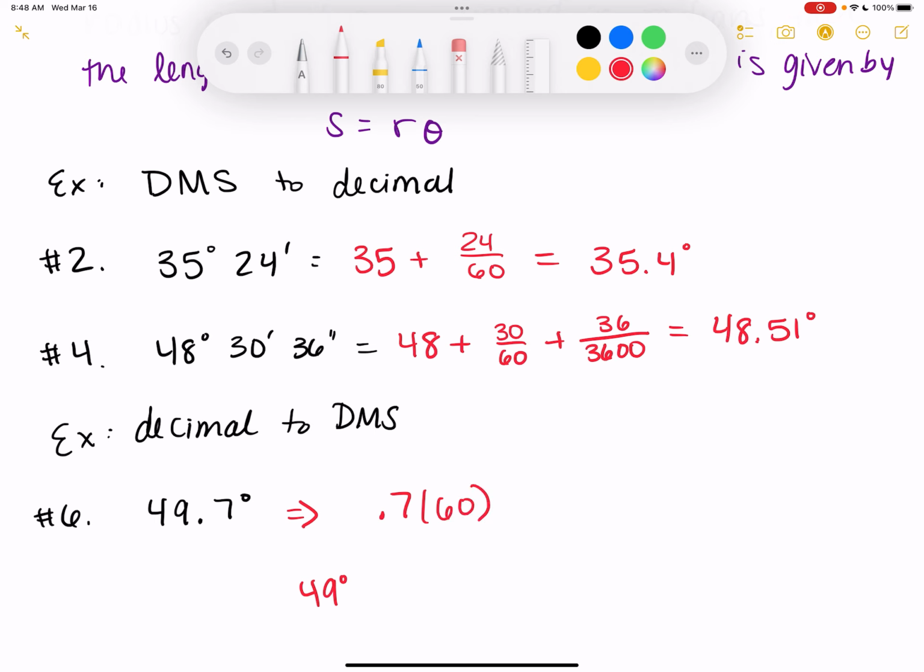In reality, if you want to see what the true conversion is, if you were to set it up like you do in chemistry, this is technically 0.7 degrees, then 60 minutes per 1 degree is what's really happening. So then you can multiply that, and it is 42 minutes. So then your answer is 49 degrees, 42 minutes.